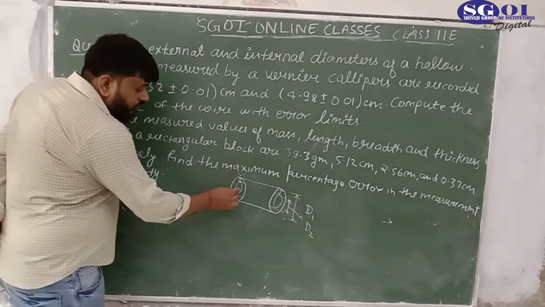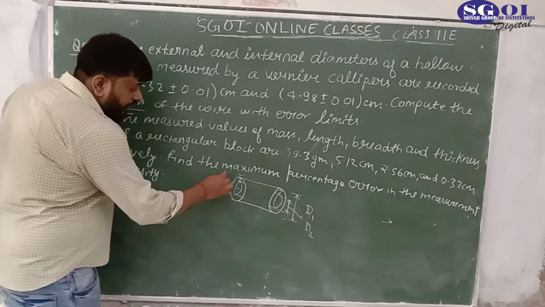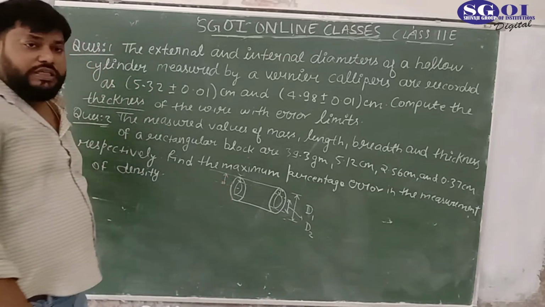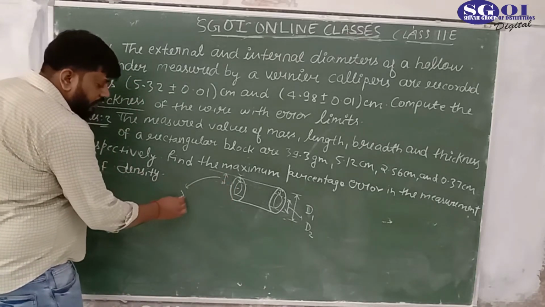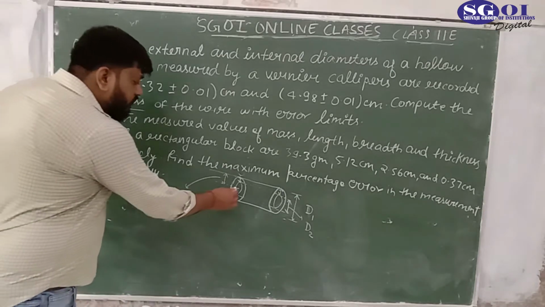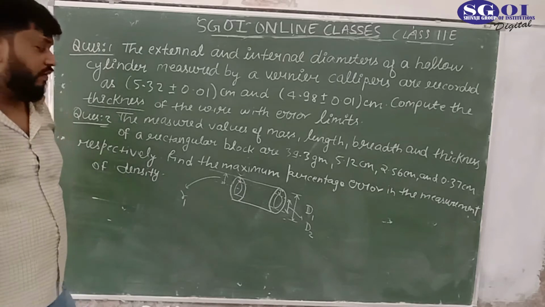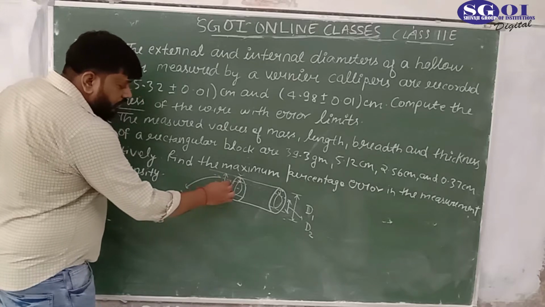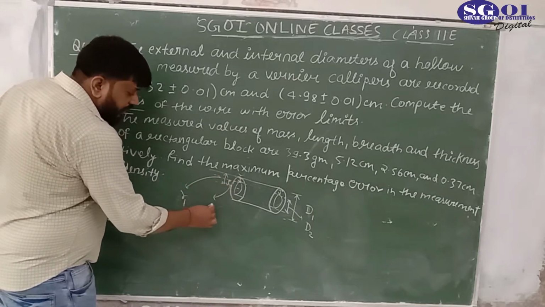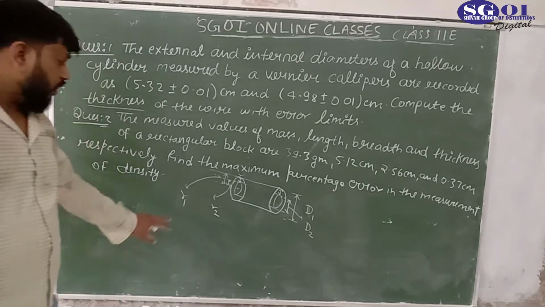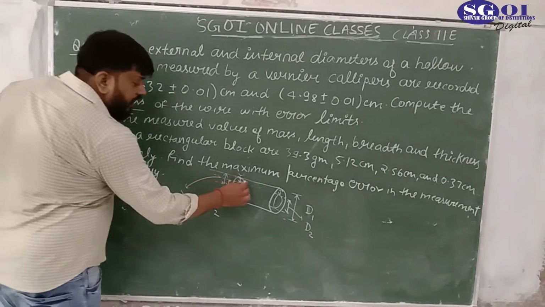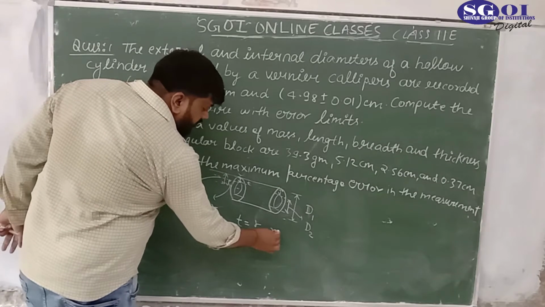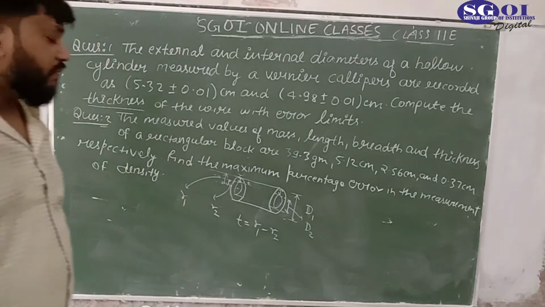So what would we do? This is the center. If we find this radius, the external radius from the center to the external point on the surface, it would be R1, and this one is the internal radius R2. For finding the thickness, T equals R1 minus R2.